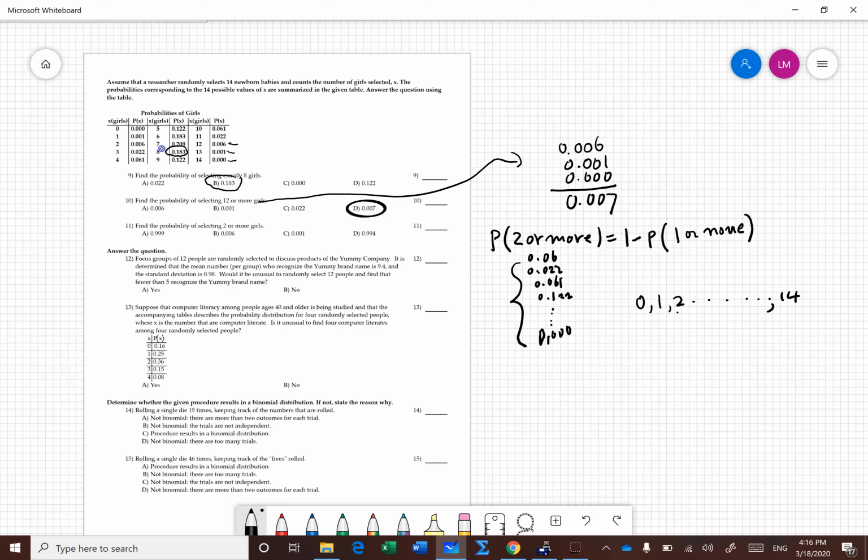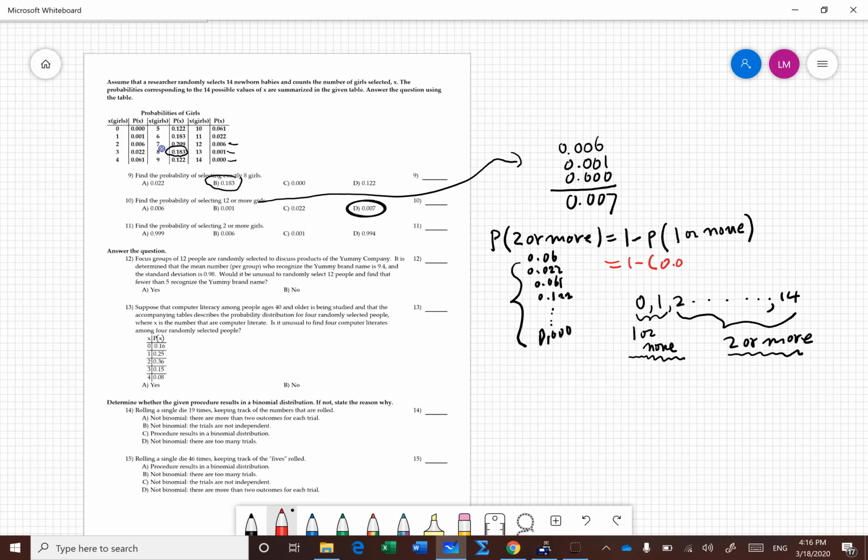So 2 or more is this, and this is 1 or none. So the probability of 2 or more is 1 minus the probability of this. 1 minus, what is the probability of 0?